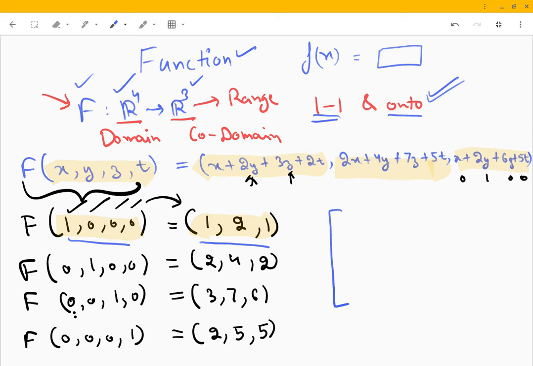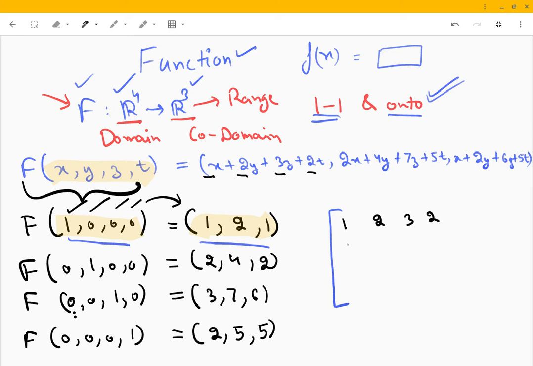Now what I'm doing is representing this transformation in the form of a matrix. We take the coefficients of x, y, z, and t. Just see what I'm doing: 1, 2, 3, 2.